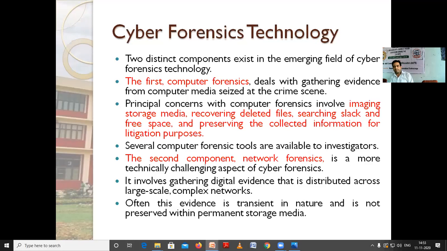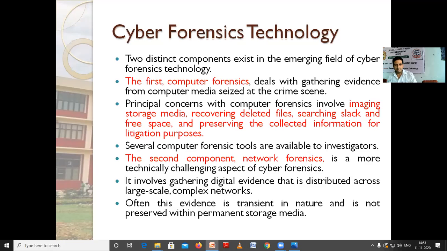So if a crime happens, or if some significant measurement is required to be identified over the network, as in today's talk Dr. Ankit Jain has shared, over the network there is no certain hard disk upon which we would be able to track the measurements of the network.